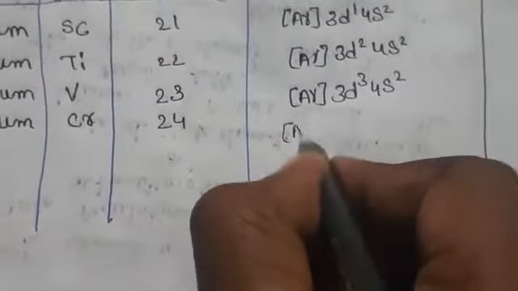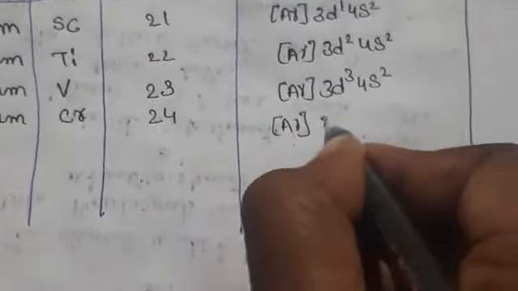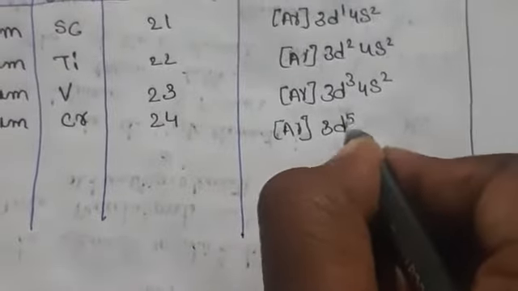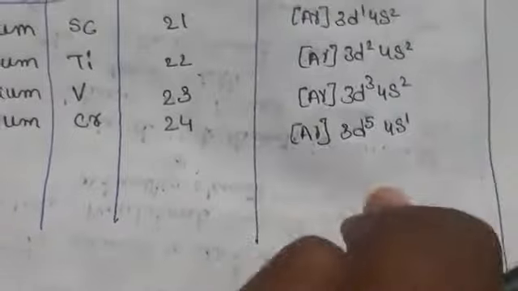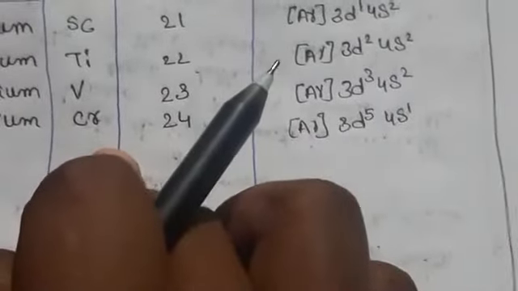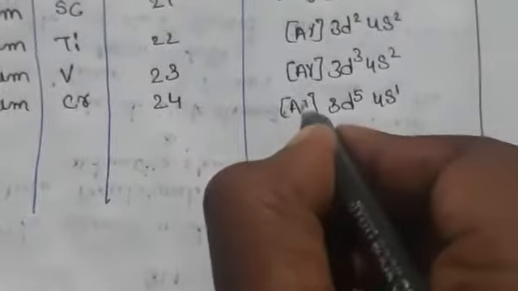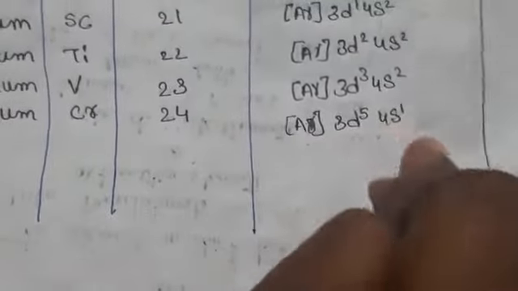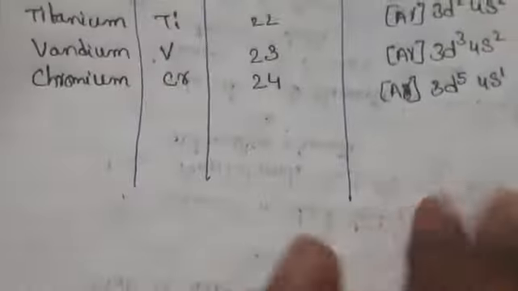Why? Because it is half filled, so it shows more stability. This is the right electronic configuration: argon 3d5 4s1.